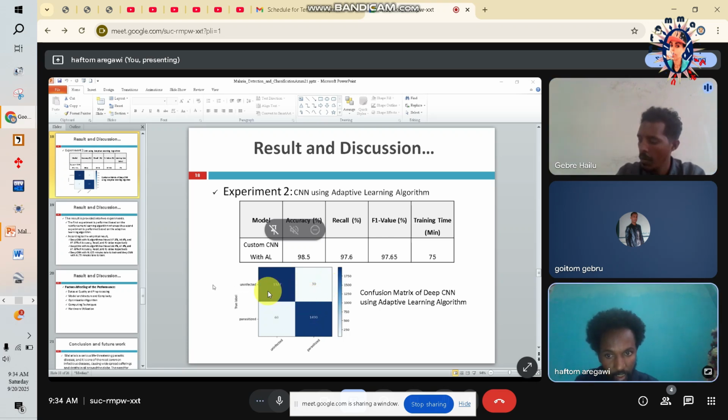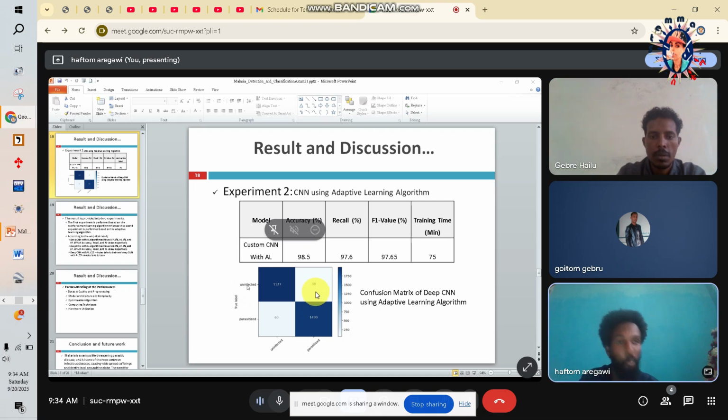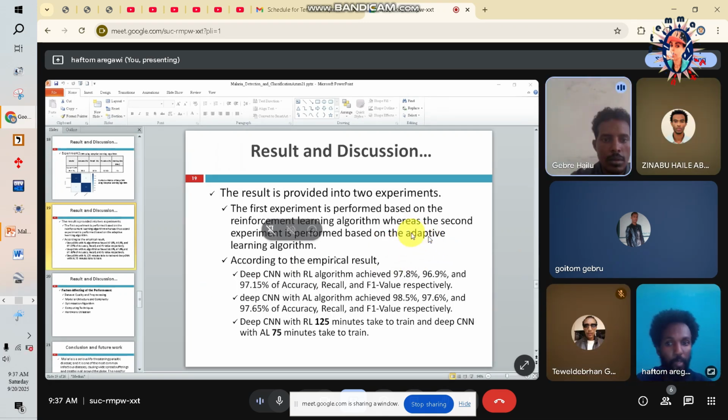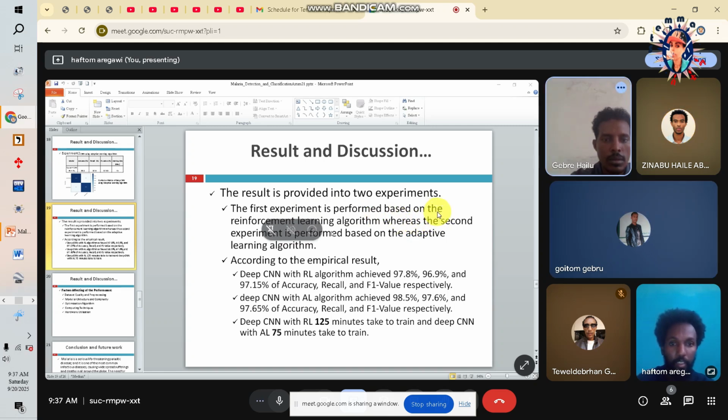The white indicates what is already provided in the two experiments as a discussion. The first experiment is based on the reinforcement learning algorithm, whereas the second experiment is performed based on the adaptive learning algorithm.